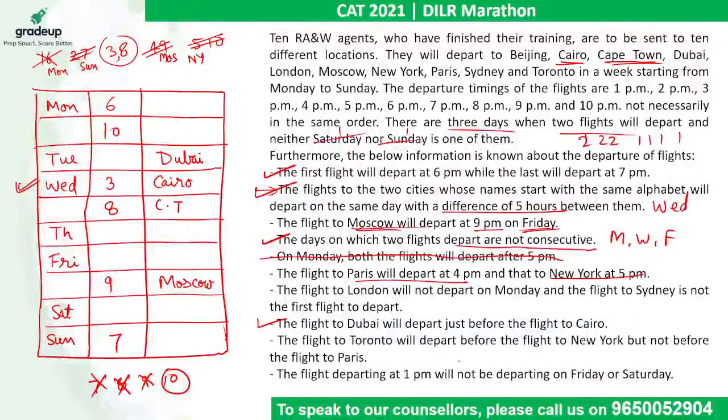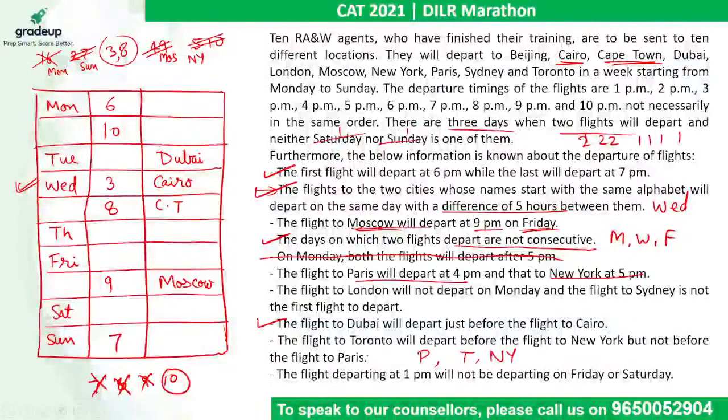Okay, so there is one thing given that the flight to Toronto will depart before the flight to New York, but not before the flight to Paris, right? Okay, so Paris will go first, then Toronto, then New York, right? Paris, Toronto, and New York.